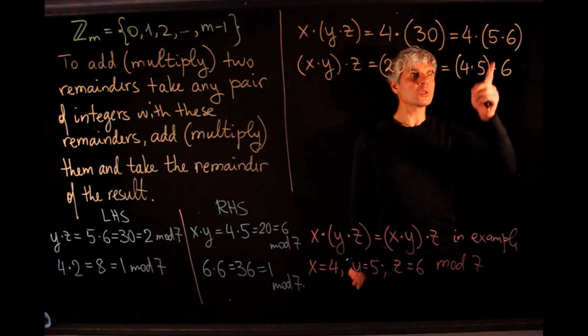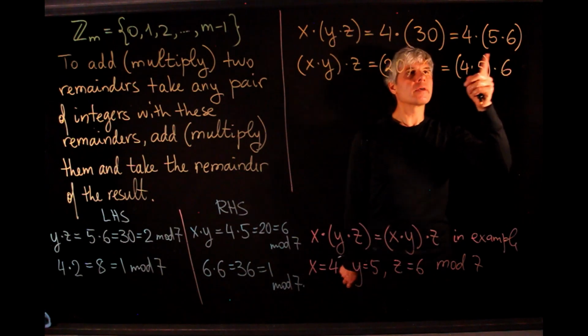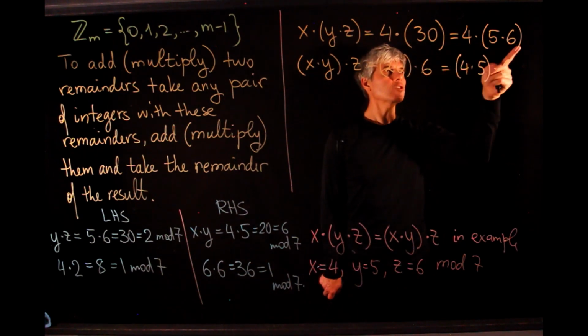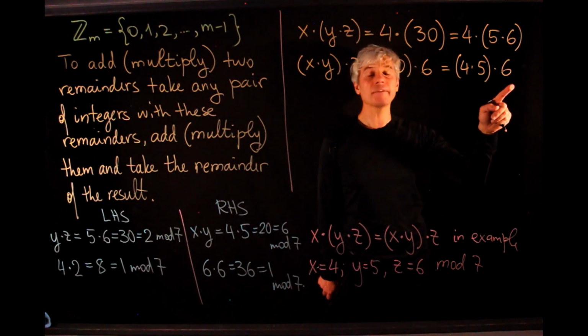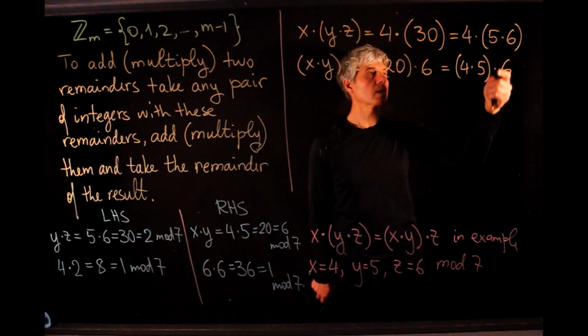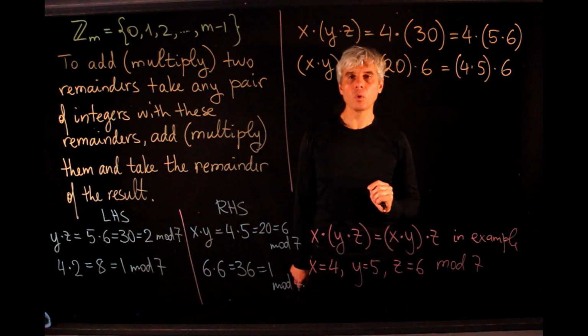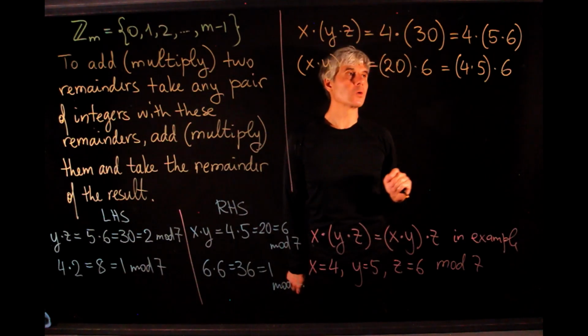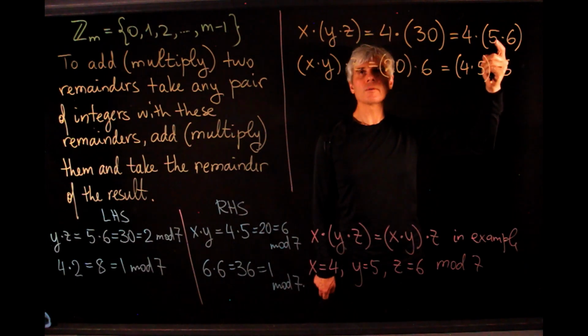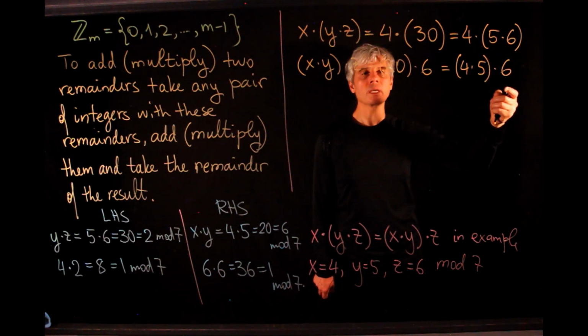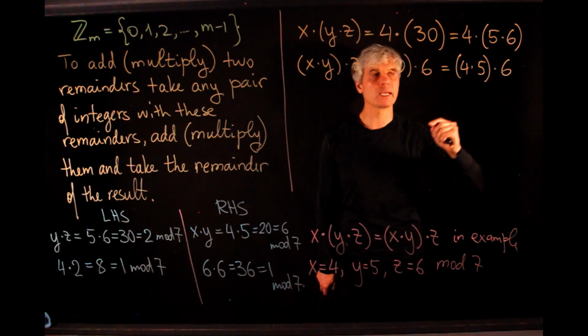And so here it's clear that the integer in the right-hand side is exactly the same as the integer in the left-hand side, because we know that the associative law holds for the integers. So this means that the remainder after division by 7 of the right-hand side is going to be the remainder after division by 7 of the left-hand side, right?